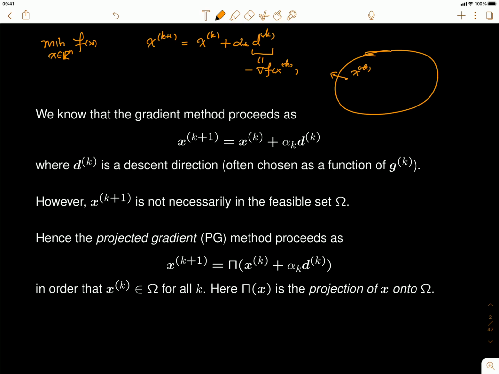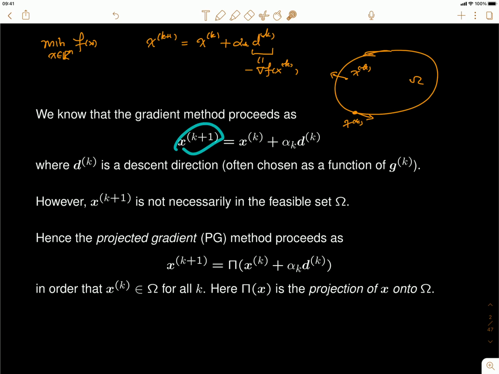When my step size is small enough, we may still end up with some point inside the omega. But if I take this alpha_k slightly larger, then it could be outside. Or for example, my x_k is here, and I choose my d_k to be that direction. Then no matter how far I go, I always immediately land outside of the omega, right? That's why the gradient method, just like that, doesn't work.